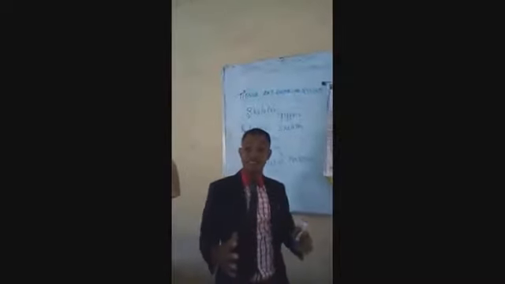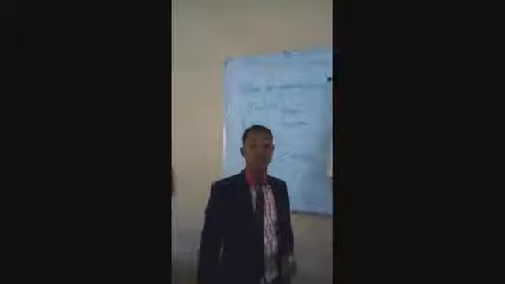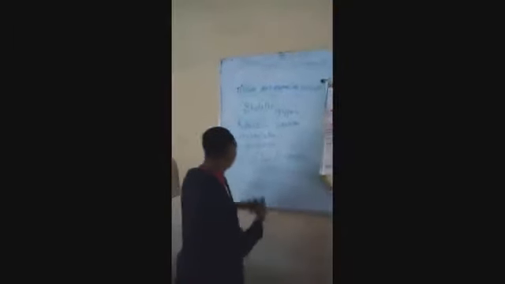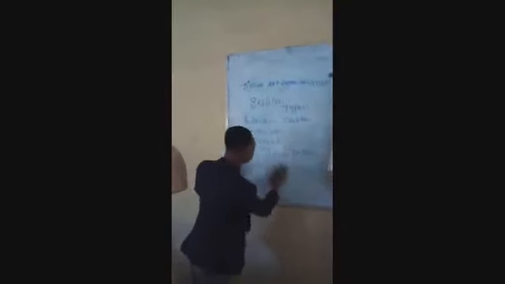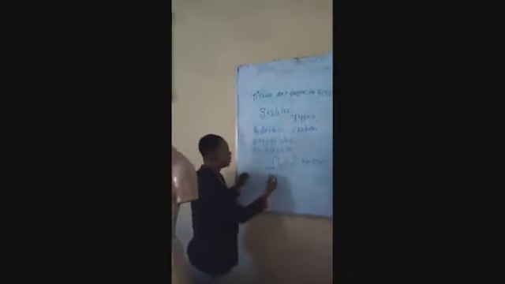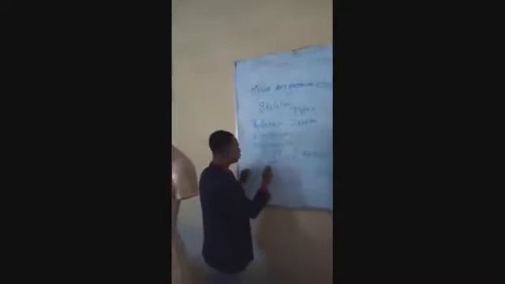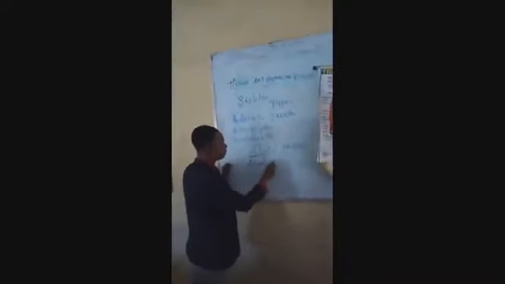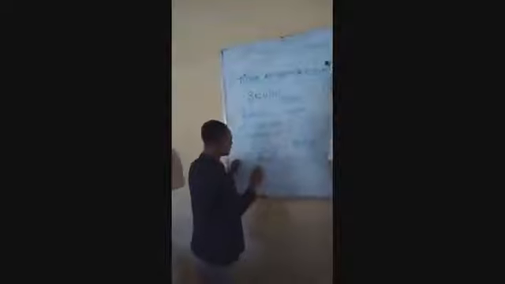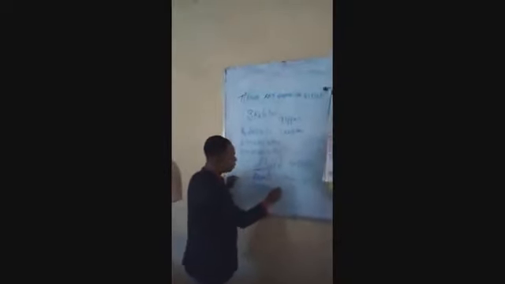Alright, let's now talk about the groups of the skeleton in vertebrates. In vertebrates, the skeleton is grouped. We can group the skeleton, the man in particular, into axial skeleton and appendicular skeleton.